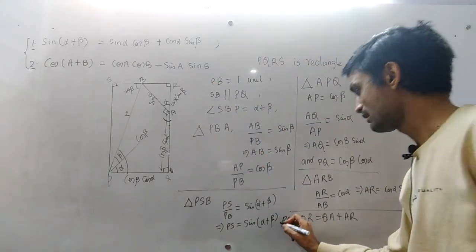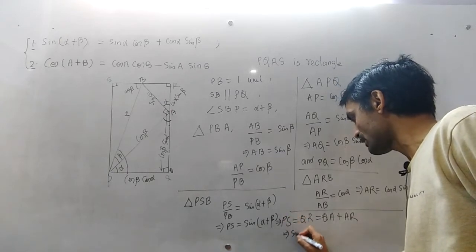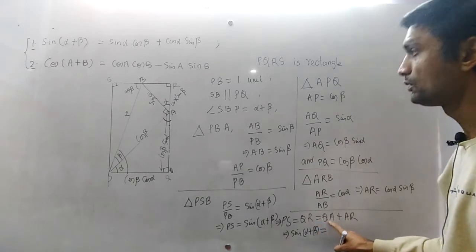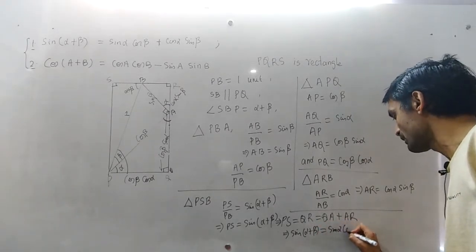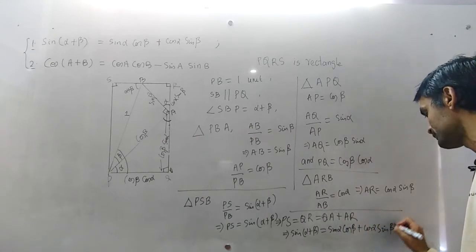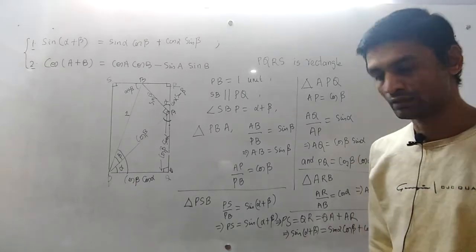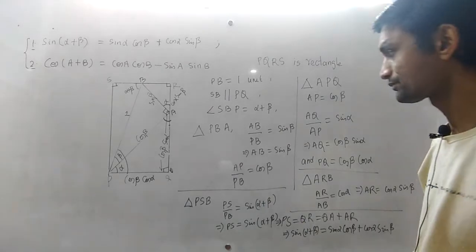And PS is this. So sin alpha plus beta is equal to sin alpha cos beta plus cos alpha sin beta. I think that much you understood. So this is the derivation of sin alpha plus beta.